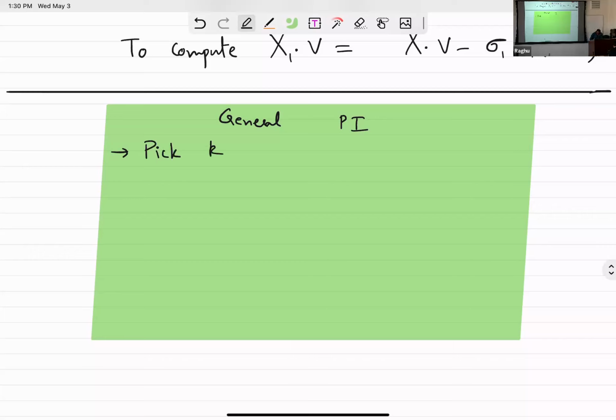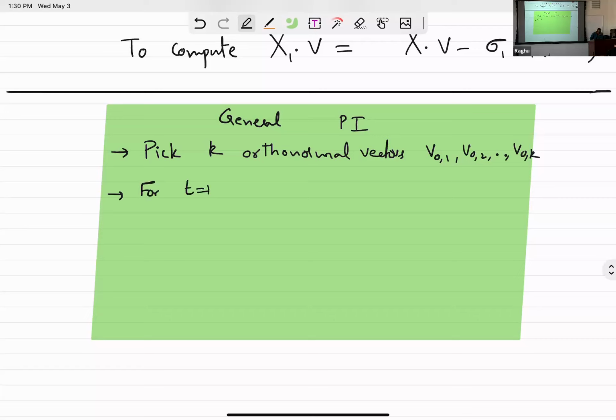So what you do is pick k orthonormal vectors to start with. There are going to be two indices, so let's say V01, V02, up to V0k.